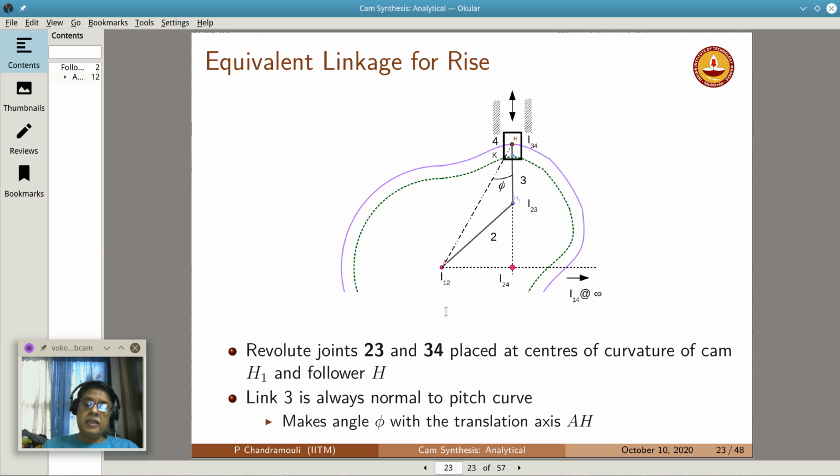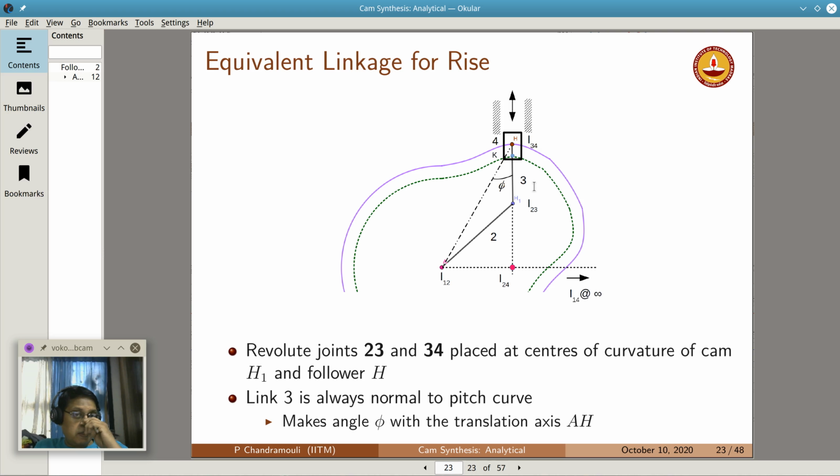Now if you look at this from the standpoint of the mechanism, this is a slider crank mechanism that we have. Essentially we have revolute joints. This of course is I12, the body 1 is the fixed body, 2 is the cam, and 3 is going to be link 3, which is normal to the pitch curve, and 4 is of course the follower itself.